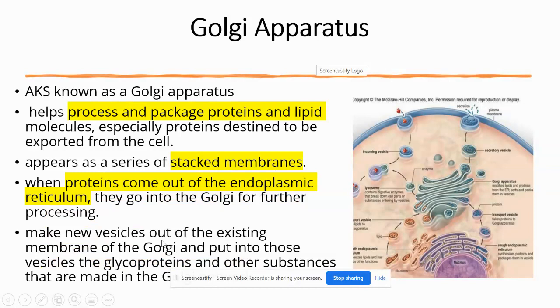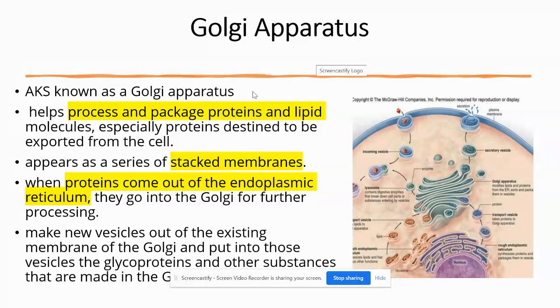The Golgi apparatus is also known as the Golgi body. And the Golgi body or the Golgi apparatus is going to be like a mail packaging place, like a post office. It helps process and package proteins and lipids.